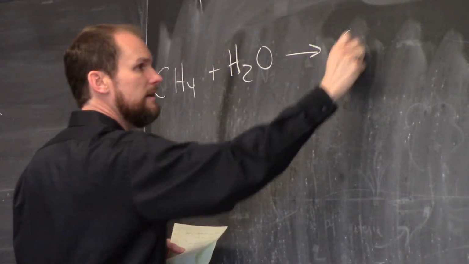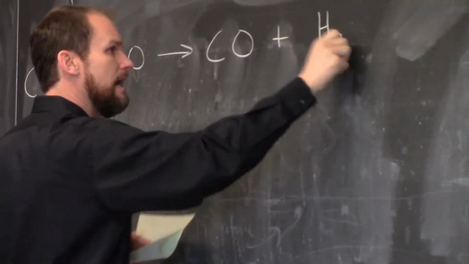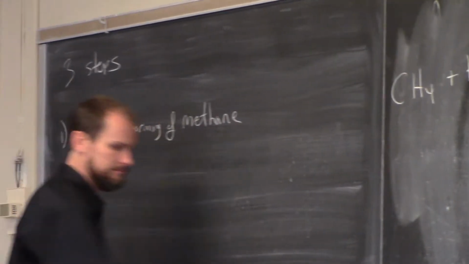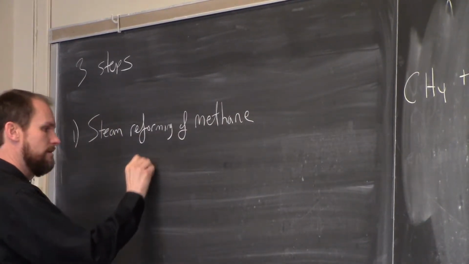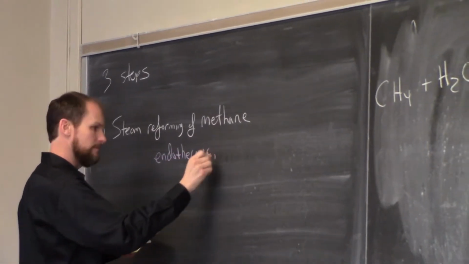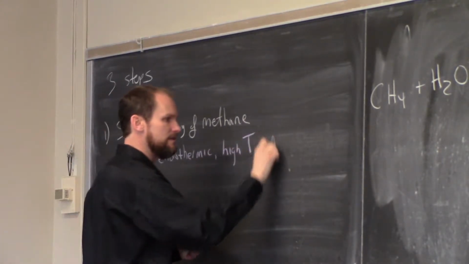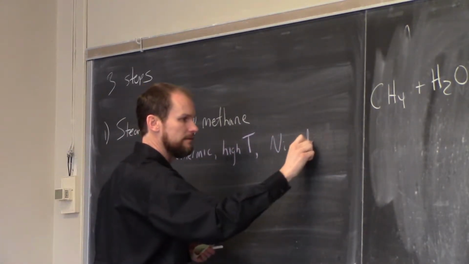We're going to make carbon monoxide and hydrogen. So this is endothermic. Let's do it at high temperatures. We need to use a nickel catalyst.